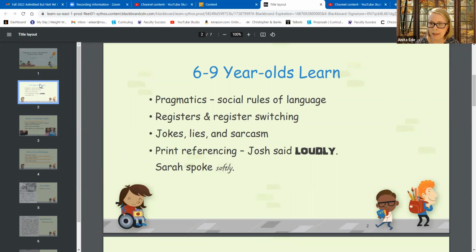Print referencing is something that's not recognized usually until they're well on their way to 2nd or 3rd grade. That's why 1st graders usually read every word just exactly the same with no feeling to it. It's pretty flat, but as they go along, they do put some emotion into it.